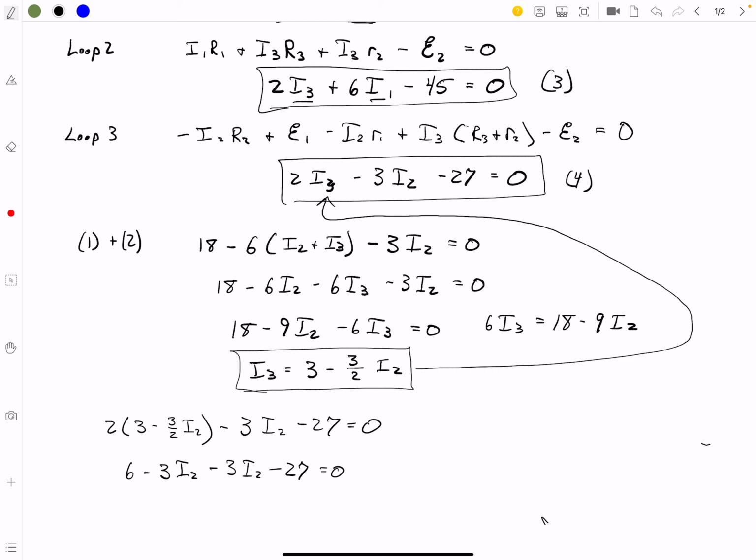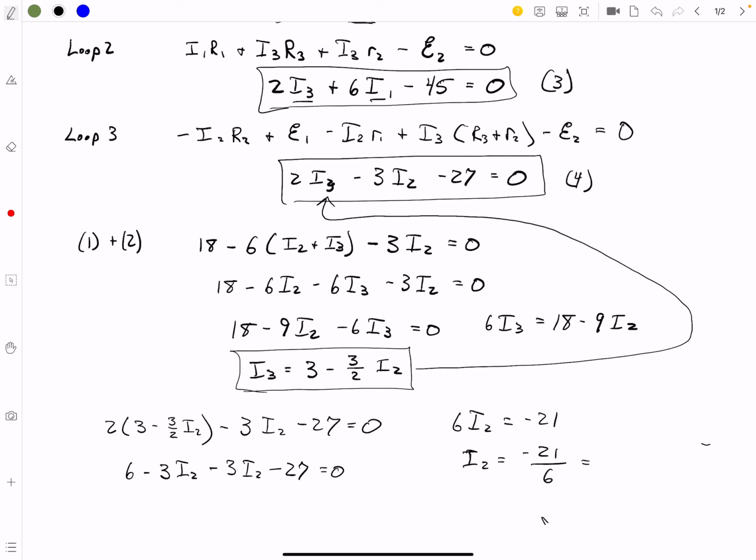Let's flip everything to the other side that is I2 related, and we'll get a positive 6 I2s equals 6 minus 27, which really means minus 21. I2 equals minus 21 over 6 amps.